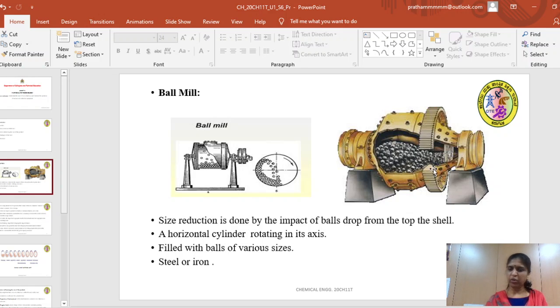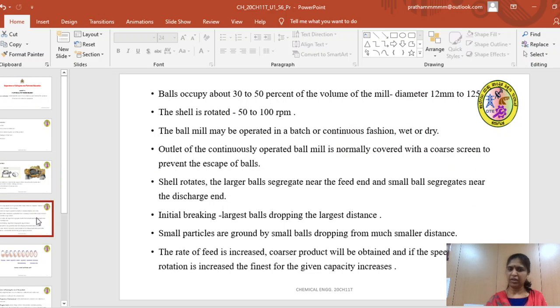They occupy 30 to 50% of the volume of the mill, and the shell will be rotated at about 50 to 100 RPM, revolutions per minute. The diameter of the balls ranges from a smaller size to a bigger size, 12 mm to 125 mm in diameter.